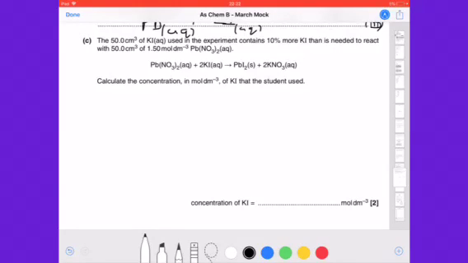Well, we know that potassium iodide is in a 2:1 ratio with lead nitrate, and we calculated the moles of lead nitrate in the previous question, and the moles of lead nitrate was 0.075. Because it's 2:1, we would multiply it by 2, and that gives us the moles 0.15.